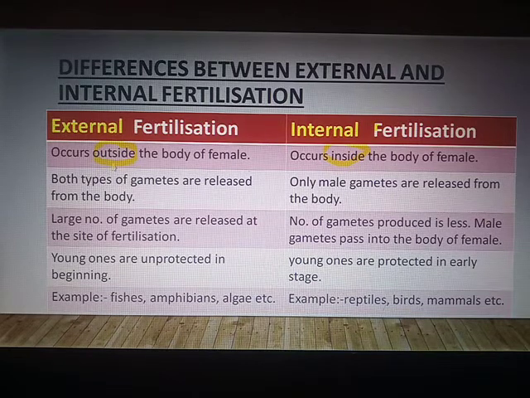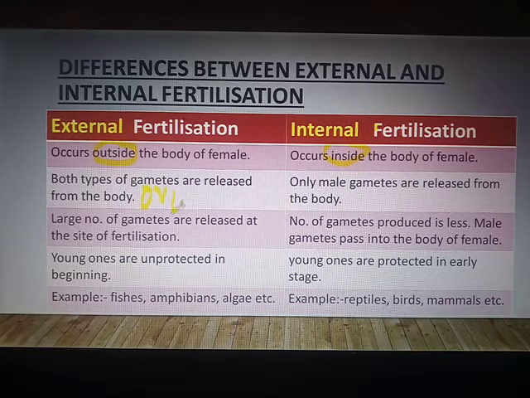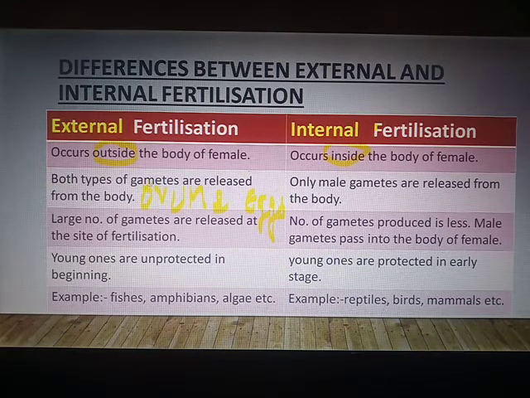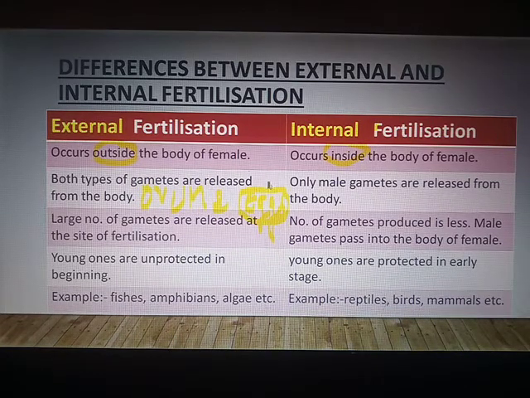The next point is that in external fertilization, both types of gametes are released from the body. Both types of gametes means ovum and sperm. These gametes are released from the body because the female also releases eggs outside the body and the male also releases sperms from their body.